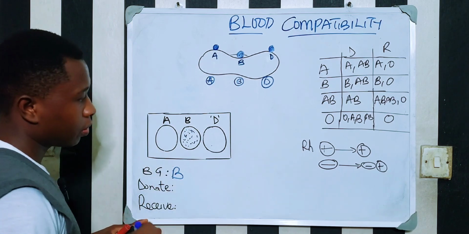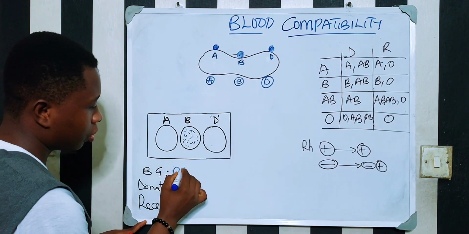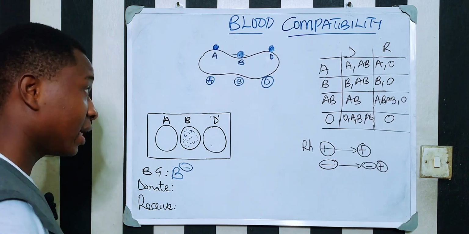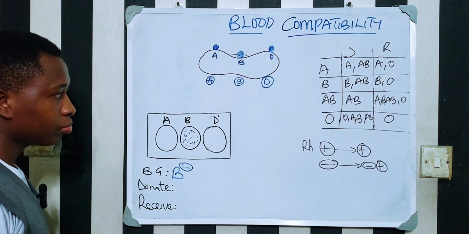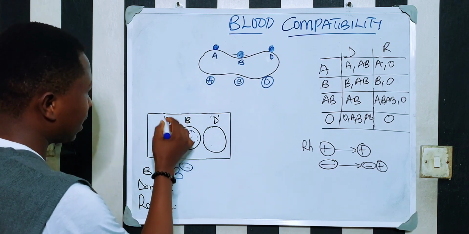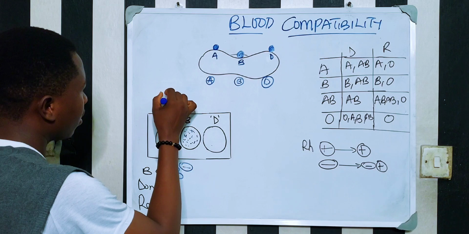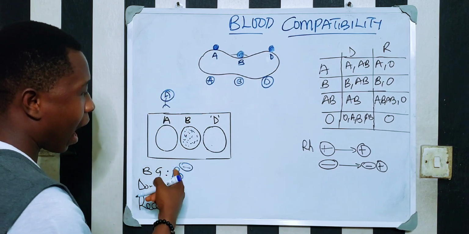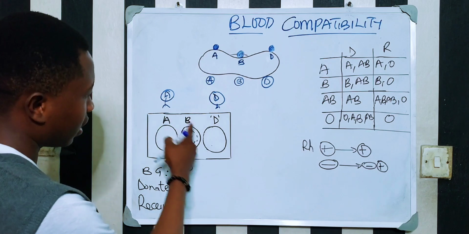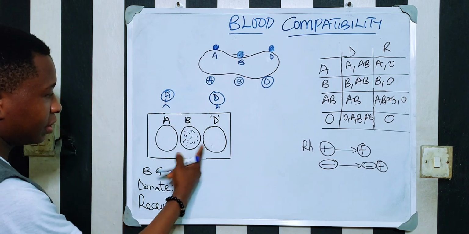B. B what? No clumping, so it is B negative. So you have a B negative blood. What are the antibodies in circulation? We have antibody A and D, because they are in circulation. The antigens are not there.